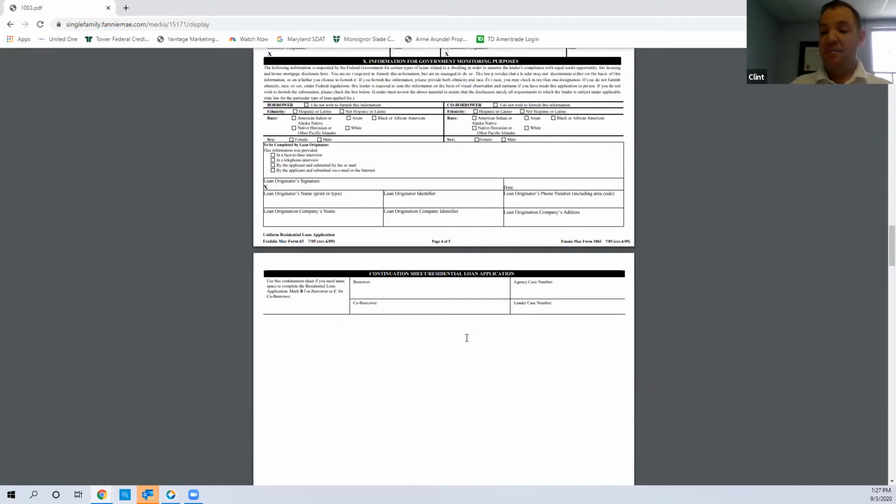Again, it's a document that has been in existence my whole mortgage career, and when done properly and done thoroughly, it allows you to put in a great loan application, to really be prepared and give your borrowers and buyers and customers the absolute best information and financing options.